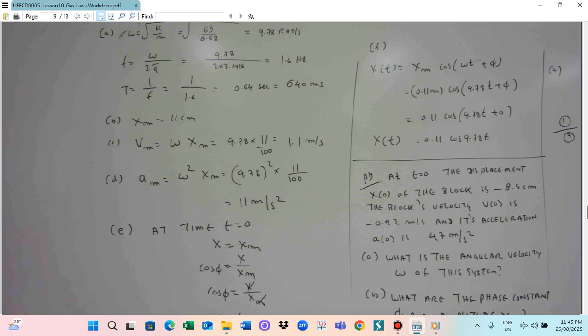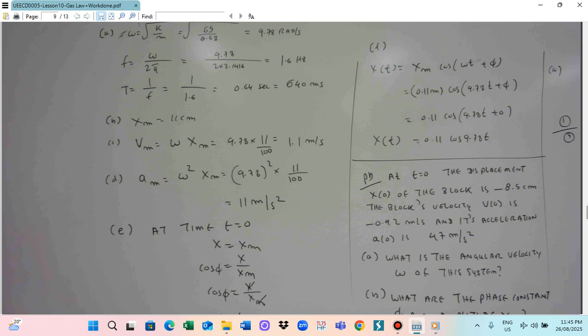And E, what is the phase constant of the motion? Phase constant of motion means that at time t equal to 0, the block is at h equal to hm.